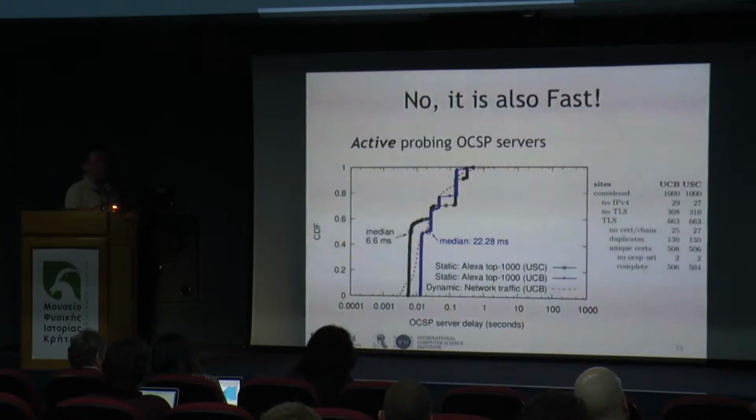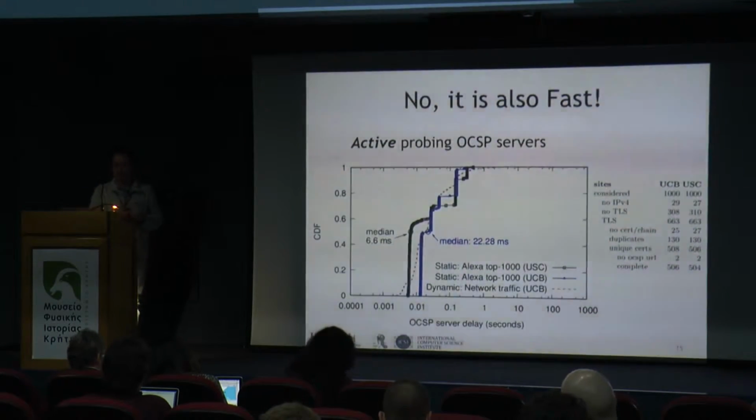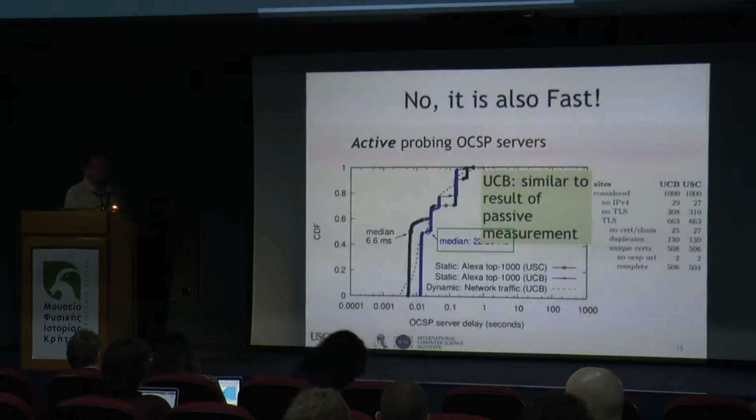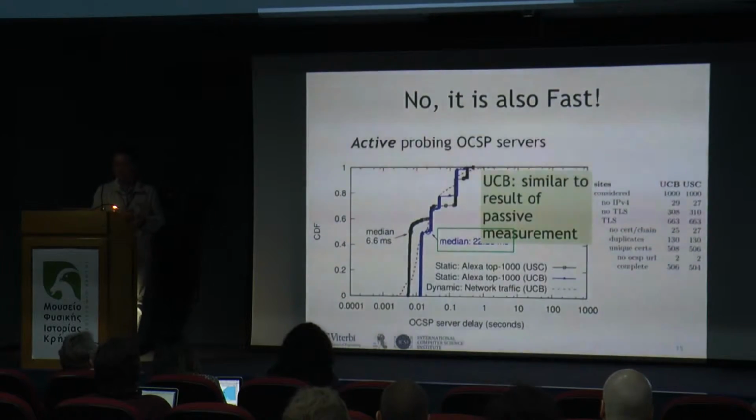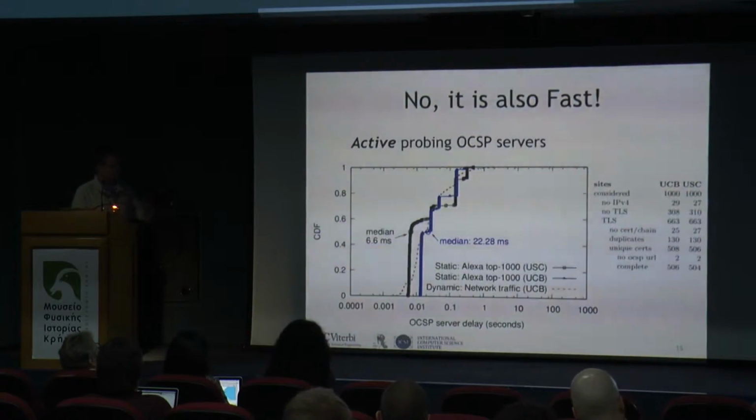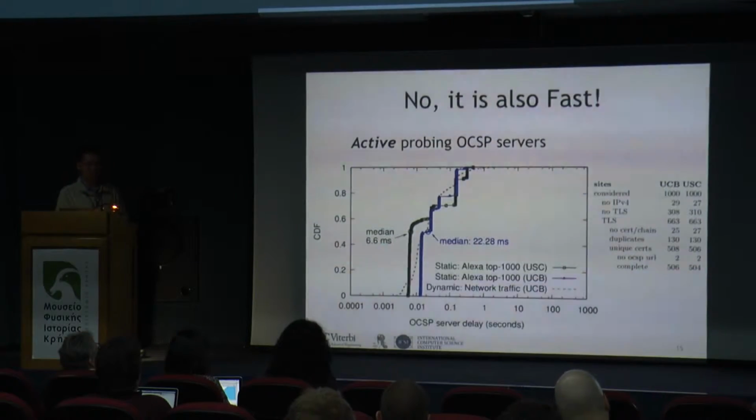The active probe shows that the OCSP latency is also quite good. Here at UC Berkeley, we see very similar results to our passive measurement. The median latency is only about 20 milliseconds.